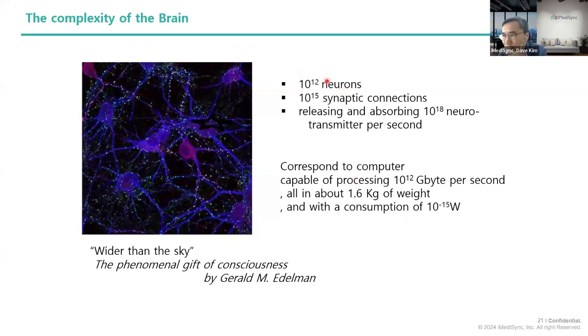Usually we have a trillion neurons, 1,000 trillion synaptic connections, and billions of trillions of neurotransmitter releases and absorptions. It corresponds to a computer capable of a trillion gigabytes per second in a 1.6 kilogram brain, with a consumption of only picowatts. A very efficient system, wider than the sky, wider than the universe.